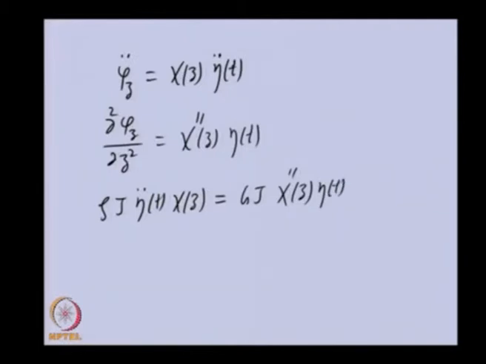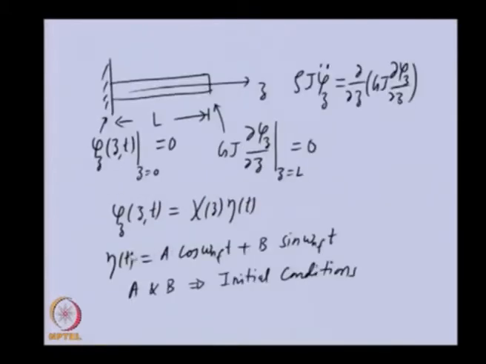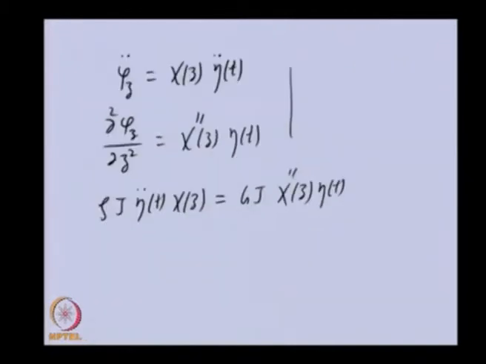Now if we see the harmonic function has a property: if we take the double derivative of this with respect to time, basically we will get a relation.